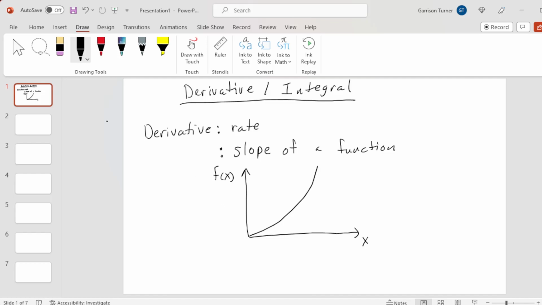And as you can see, in this region right here, the slope of this red line is not as steep as here, and this part of the function is not as steep as up here. So this whole notion of taking a derivative is to evaluate what the slope of your function is at different points.